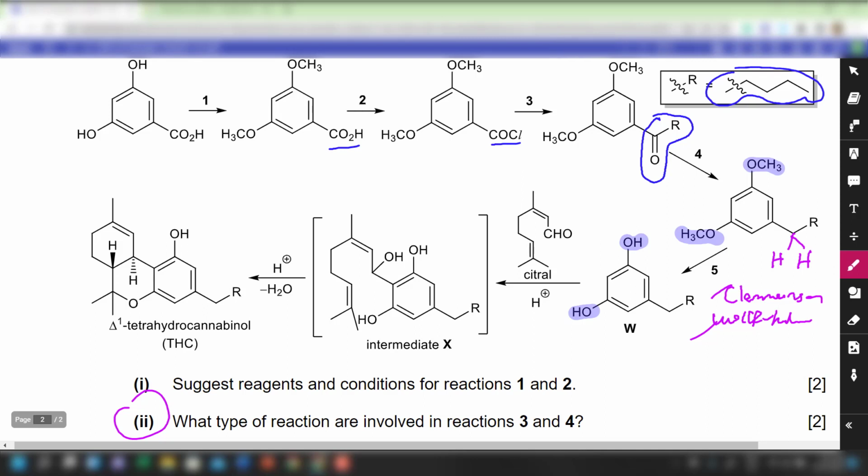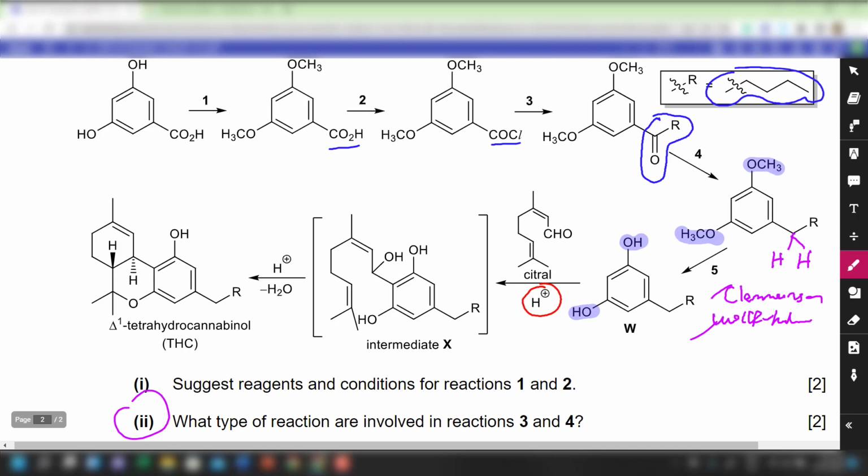And you notice that Lewis acid is not used except for H+. You can easily understand why this is the case because the 2 phenolic OH will activate the ring towards electrophilic substitution.